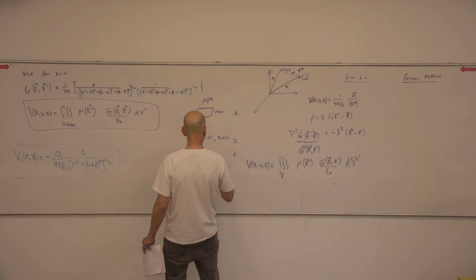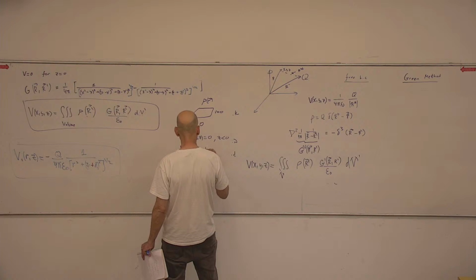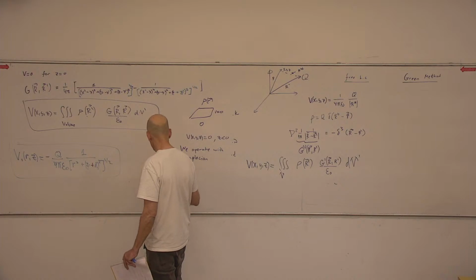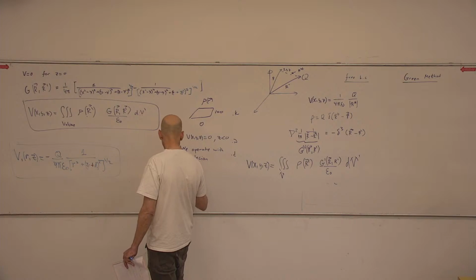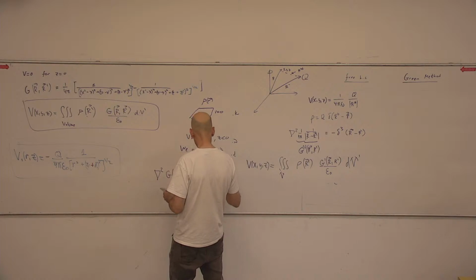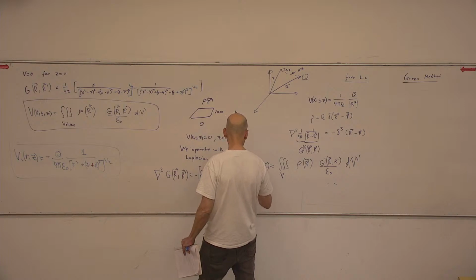We operate with the Laplacian. And then this is what I said before, the Green function G of r, r prime. This is minus delta x minus x prime, delta y minus y prime, delta z minus z prime.